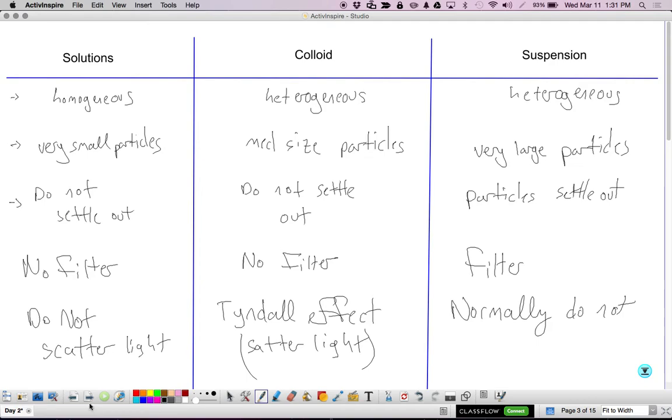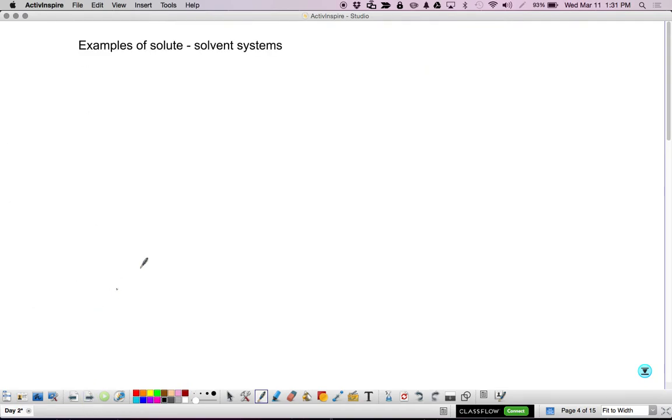Okay, so let's look at some examples of each type. How about examples of a solute-solvent system? How about something like sugar as the solute? The solute is the thing that's being dissolved, and the solvent is the thing that's doing the dissolving.